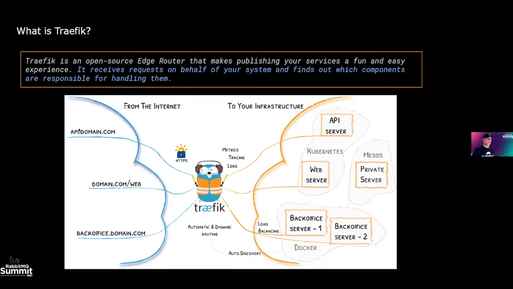For example, you can redirect the traffic based on the domain name, or based on the paths, which is mostly for HTTP. But you can also use TCP, also based on the domain, and you can use static routing or dynamic routing, or SNI. That is what we are going to see today.